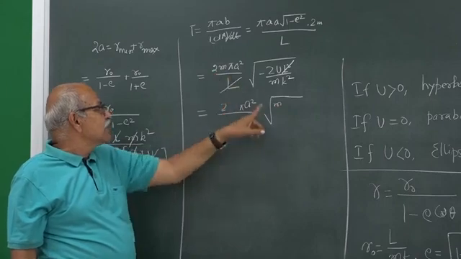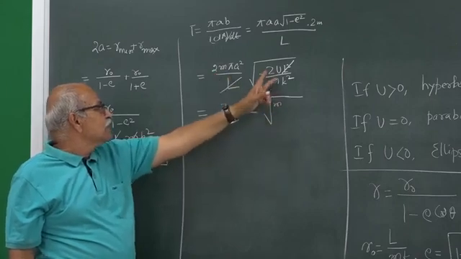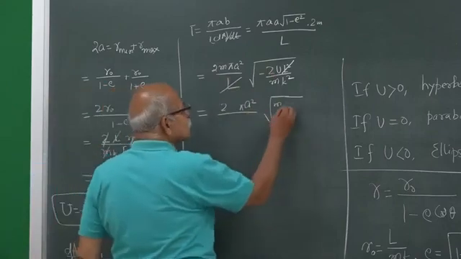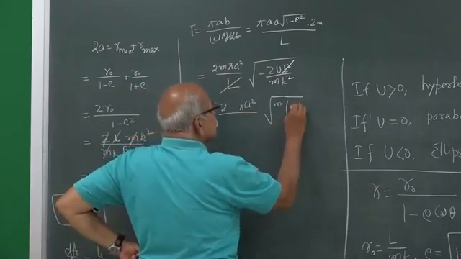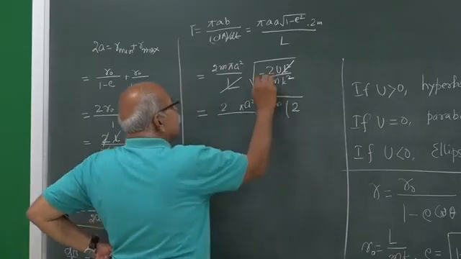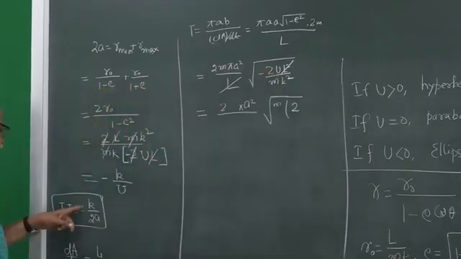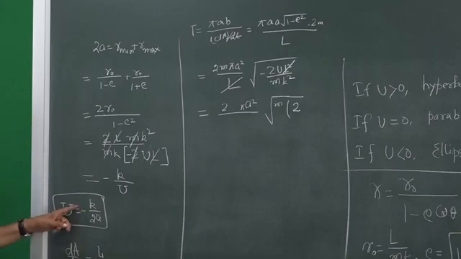2 pi a square we have written, and therefore, we only have to write the rest of it. So, minus 2 times, okay, let us write 2 times minus u. What is minus u? Minus u is k by 2a.